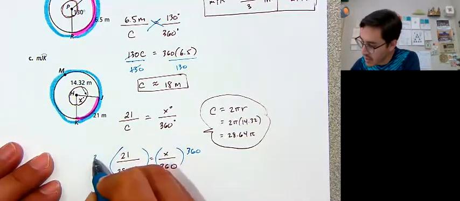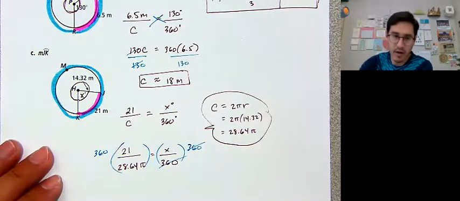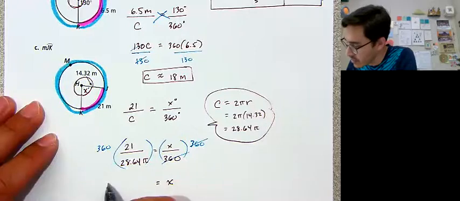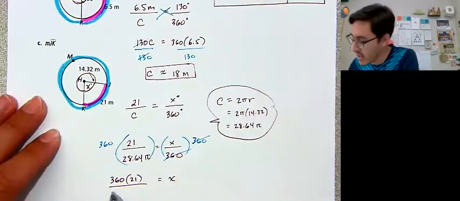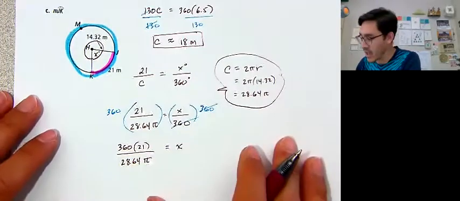Let's multiply both sides of our equation by 360 to isolate our variable X. So X is equal to 360 times 21, that's the numerator, and 28.64 pi is the denominator.